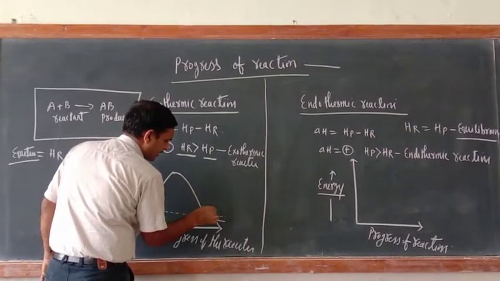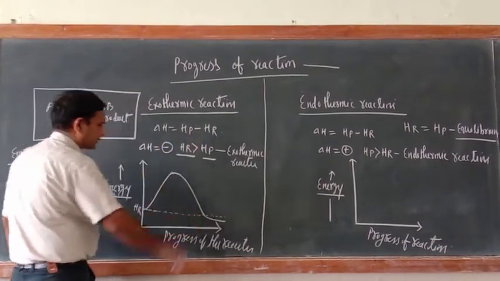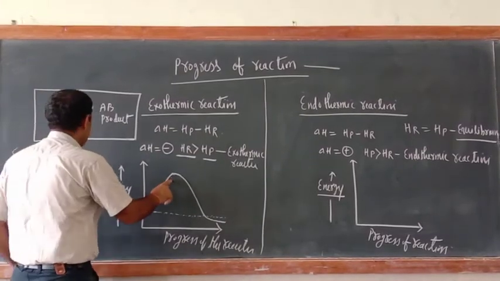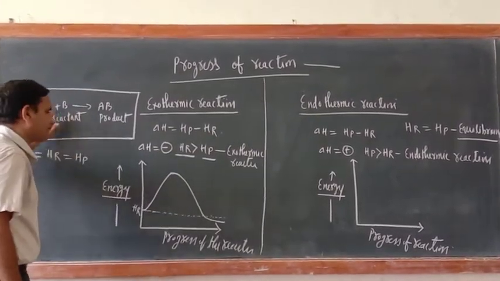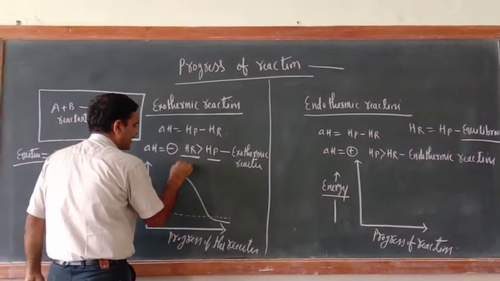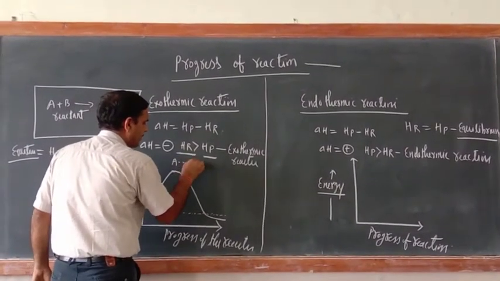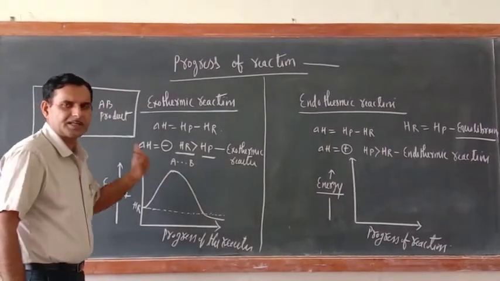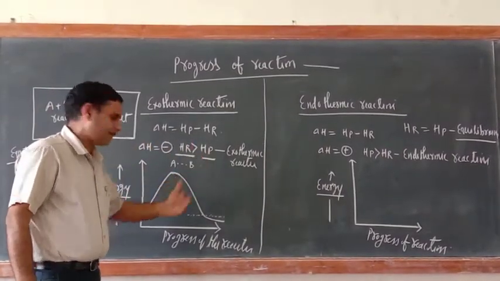Just see here. Now try to understand. At this peak, let us take this example only, the activated complex between A and B will be formed. You know what the activated complex is? The state between reactant and product.